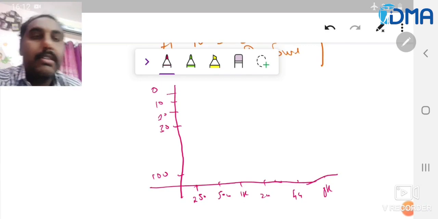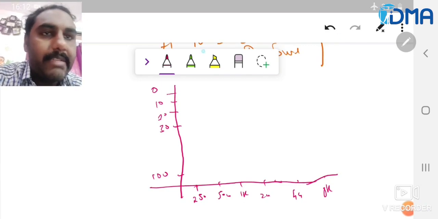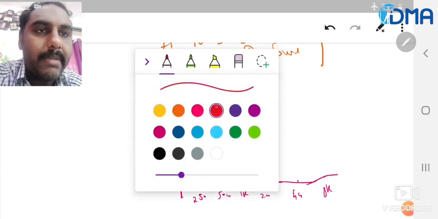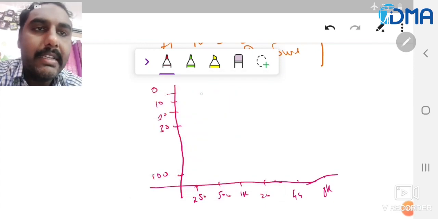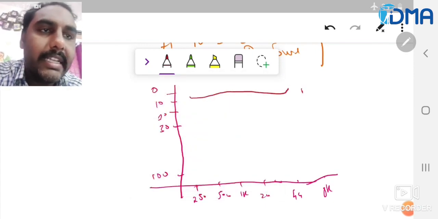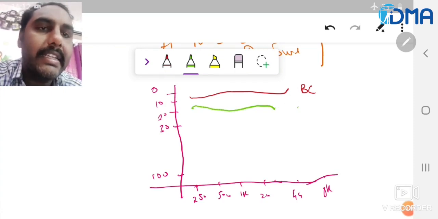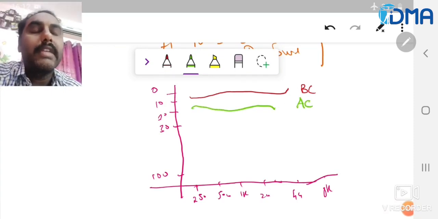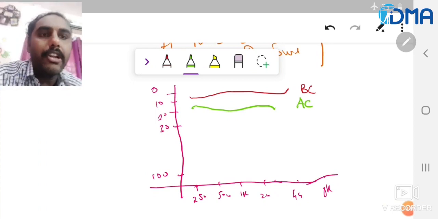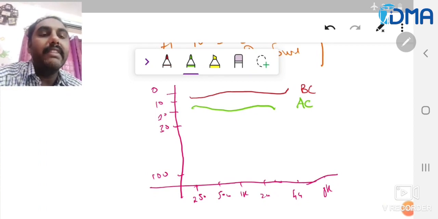Now I am drawing two lines. One will be the bone conduction, the other will be the air conduction. Consider this as the bone conduction and this as the air conduction. So now this is the audiometry curve which they would give in your exams.